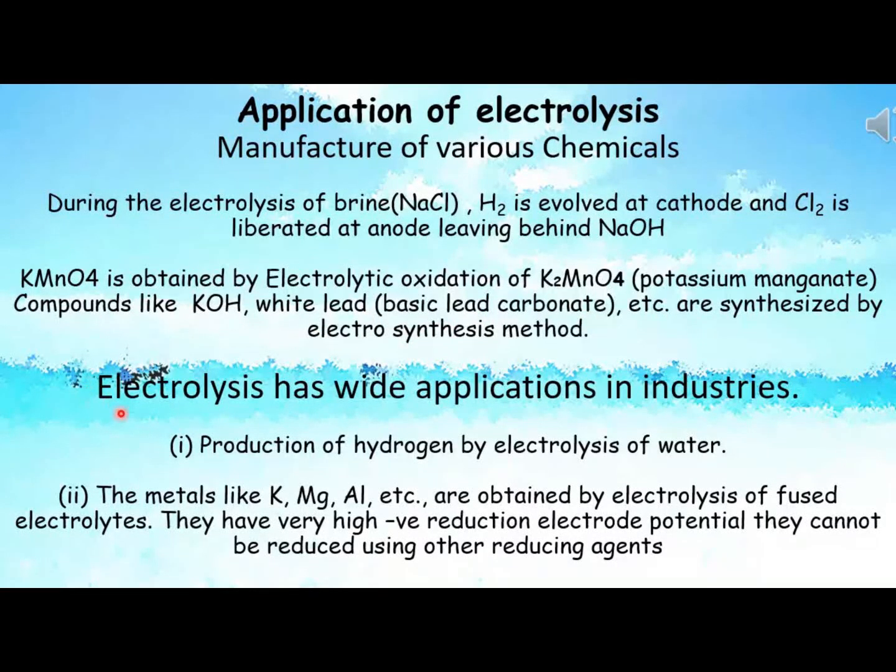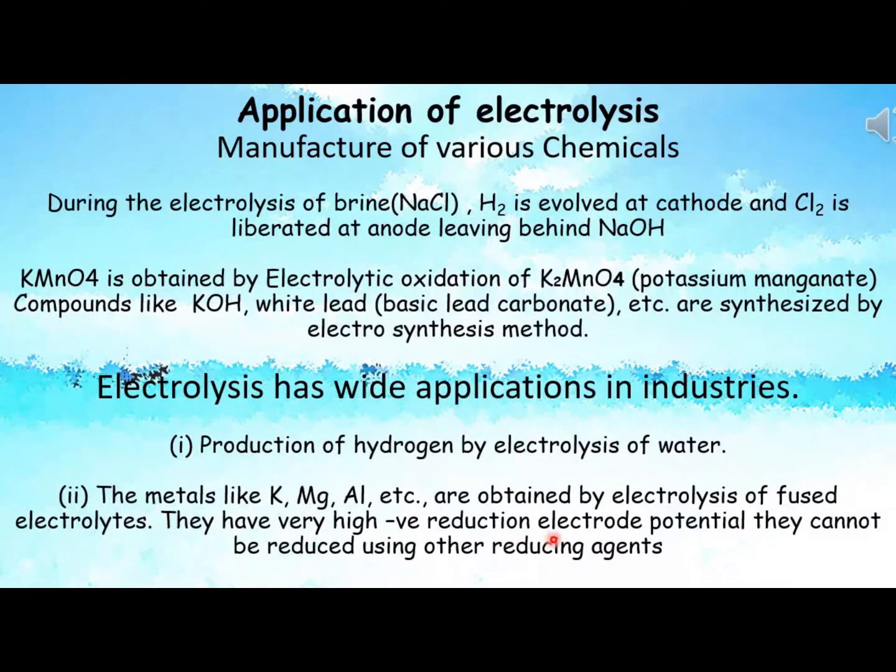Electrolysis also has wider application in industries. For example, in the production of hydrogen by the electrolysis of water, and for the extraction of reactive metals, that is, metals having very high negative reduction electrode potential.